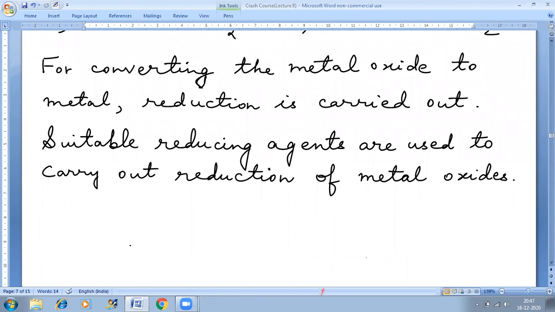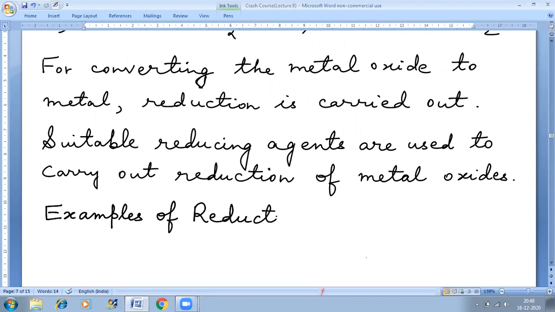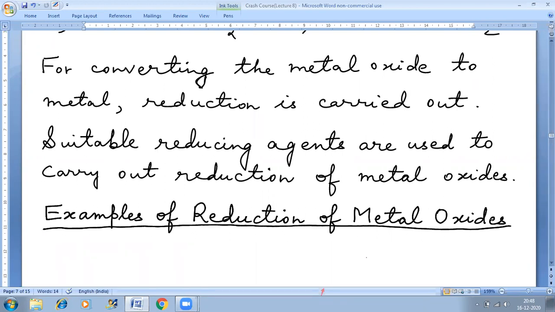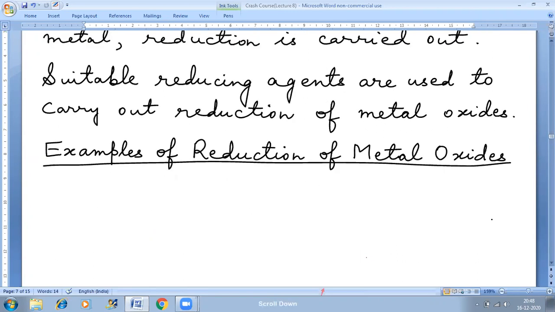Examples of some reactions. Examples of reduction of metal oxides.